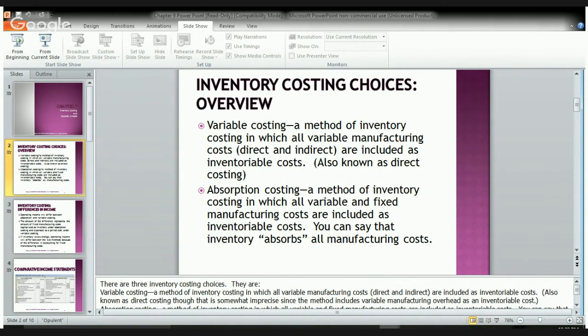Now, some proposals for revising performance evaluation. To reduce the undesirable effects of absorption costing, a couple things that management can do is focus on careful budgeting and inventory planning. So, the better they are at making sure that they are hitting their budget and only producing what they need is beneficial. Incorporate an internal carrying charge for inventory.